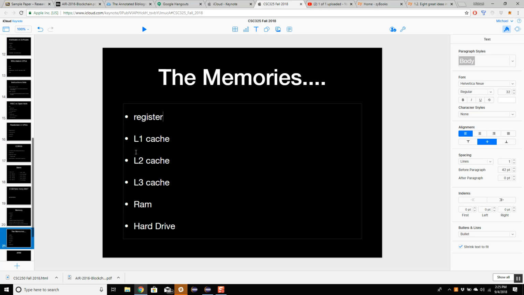L1 cache and L2 cache live on a single core. L3 cache lives outside of a core, so it's how stuff is transferred between multiple cores on a CPU. We used to have offboard L3 cache, and we had multiple CPUs as well. We'll talk about these again. I'm just giving you the high level here real quick. RAM, we all know what RAM is, and hard drives, we all know what a hard drive is. So we're going to spend a lot of time talking about this stuff.